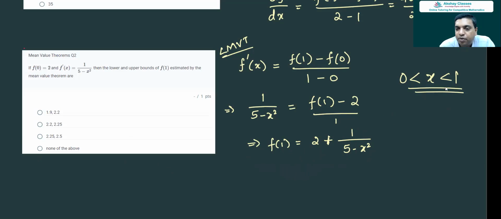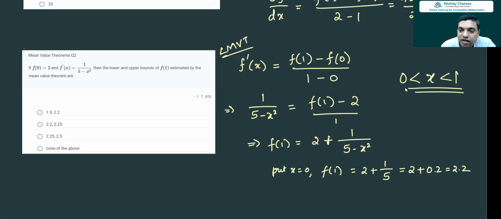between 0 and 1, if you put x equal to 0, the denominator will be maximum and the reciprocal will be minimum. So put x equal to 0. So f of 1 will be 2 plus 1 over 5, which is 2 plus 0.2, which is 2.2.